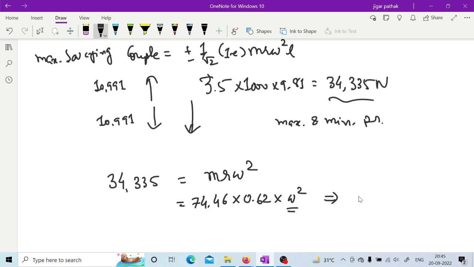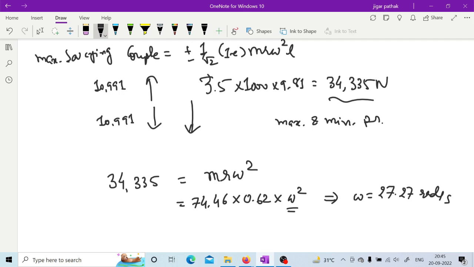So omega will be 27.27 radian per second. If we go beyond this speed, 27.27, then this hammer blow component will try to lift the locomotive. That is the important thing.